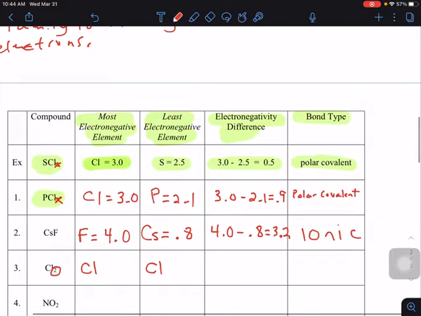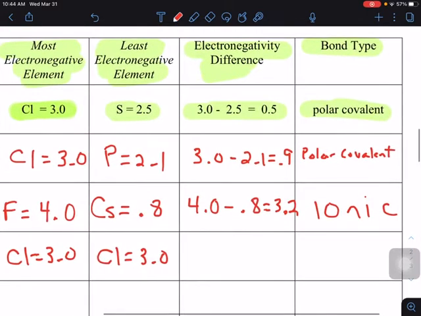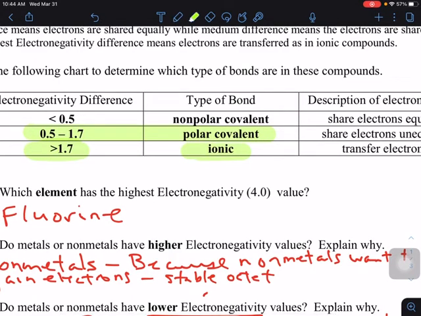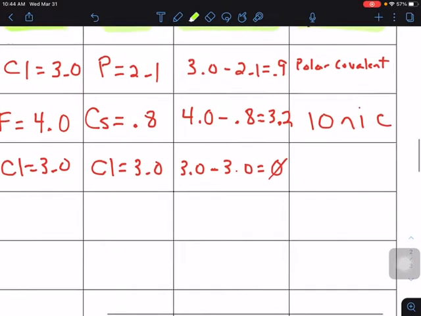So chlorine is 3.0 and chlorine is 3.0. Subtract 3.0 from 3.0 and that gives us a difference of 0. And of course that's less than 0.5. That means it's nonpolar covalent.